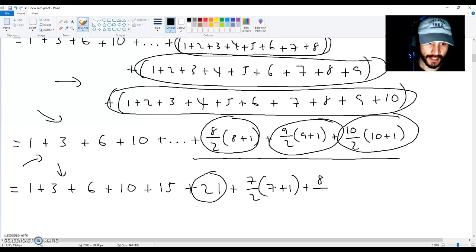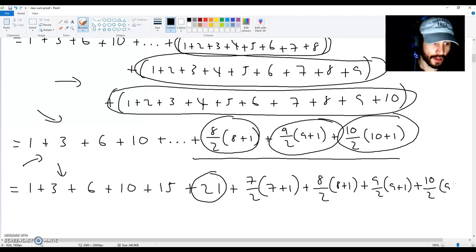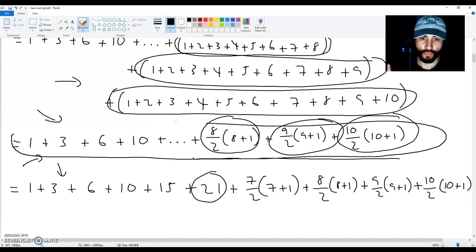So that's 8 over 2 multiplied by 8 plus 1 plus 9 over 2 multiplied by 9 plus 1 plus 10 over 2 multiplied by, sorry, I have to correct this, 10 plus 1. So that's 10 over 2 multiplied by 10 plus 1. If we simplify this over here, we end up with this.